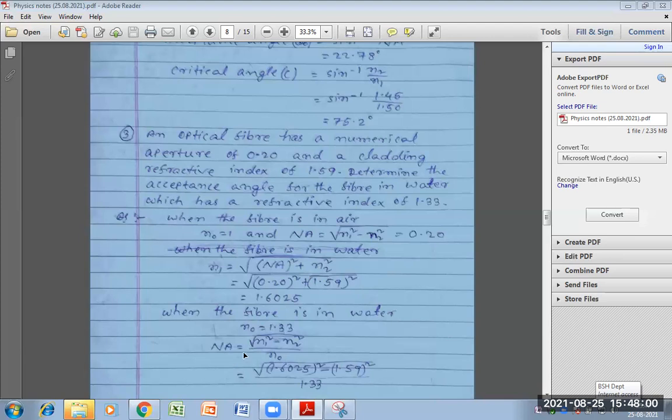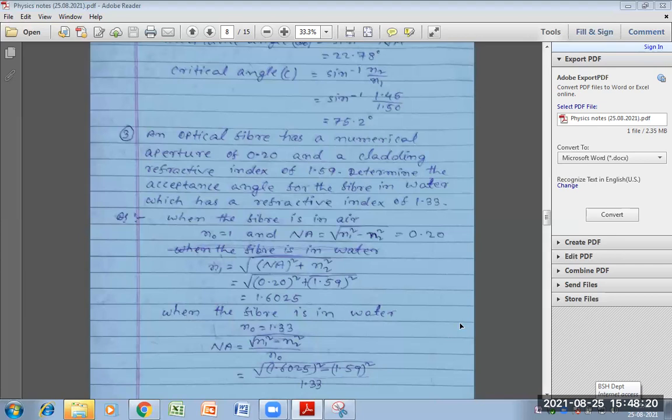So NA is equal to root under n1 square minus n2 square divided by n naught. So the value of n1 is calculated, root under 1.6025 whole square minus n2, the value of n2 is, n2 का value कितना दिया? 1.59.